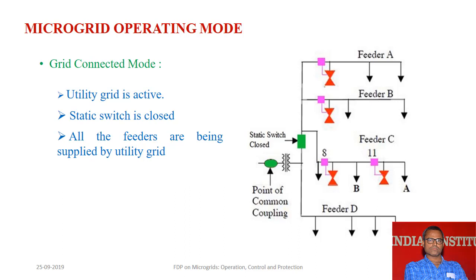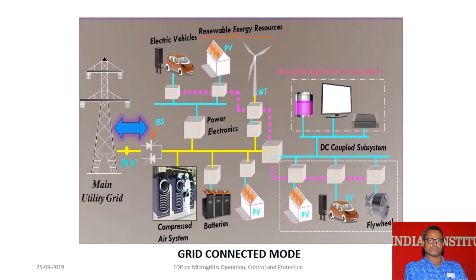The power can also be transmitted from this side to the utility, right? So here we must have a bidirectional switch to transmit power from the microgrid to the grid, right? So this is a typical structure of a grid connected microgrid, which is connected through the PCC, right? This is a bidirectional switch. So these are the renewables.